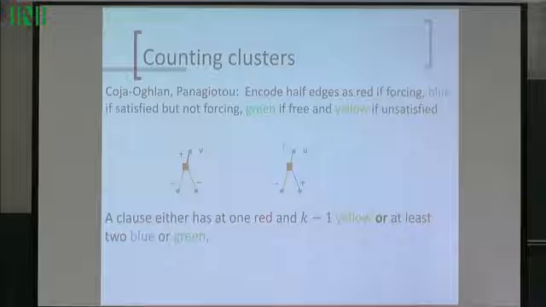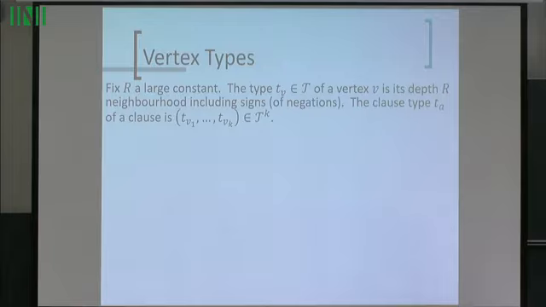Okay, so we want to count these, and now we need to deal with the fact that different vertices will have different probabilities. So we'll define vertex types. We have our graph, you have a vertex, and you look at a ball of radius r.